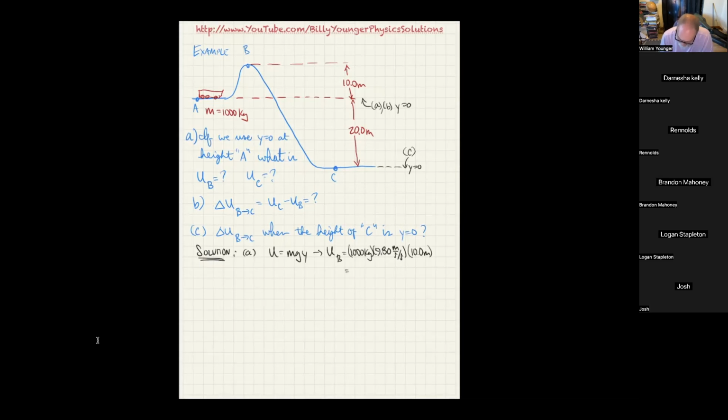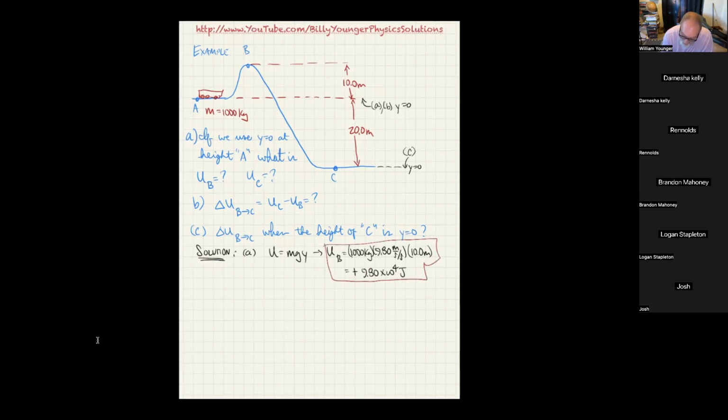So you can see that that answer will be positive, 9.80 times 10 to the 4th joules. So that's one part of our answer for part A.